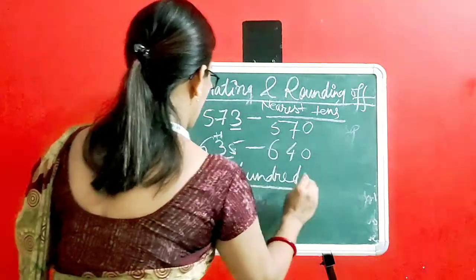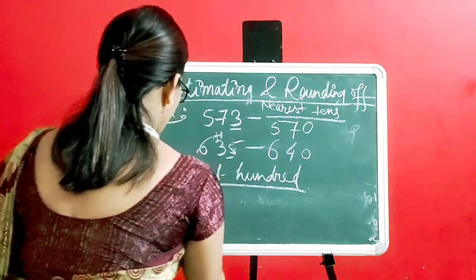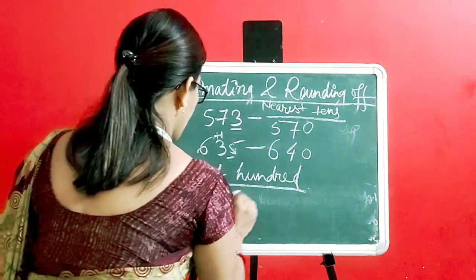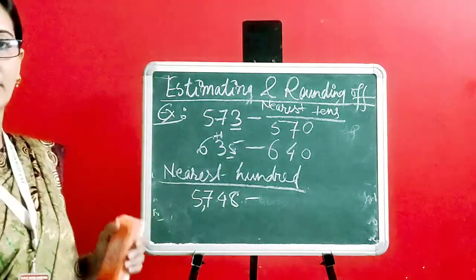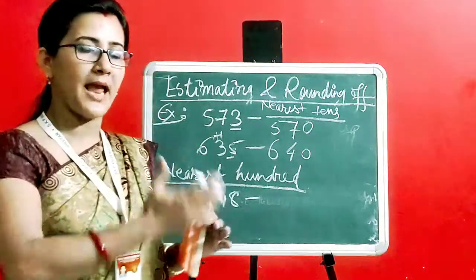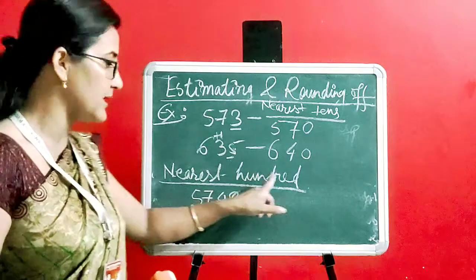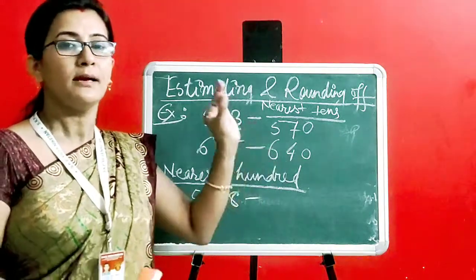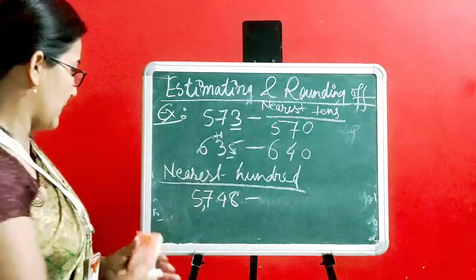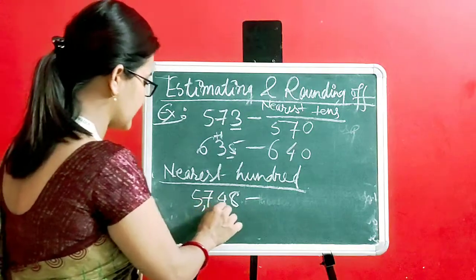Rounding to the nearest 100, suppose here 5748. The rules we will apply are the same, only that for the nearest 100 we have to look at the digit in the tens place.